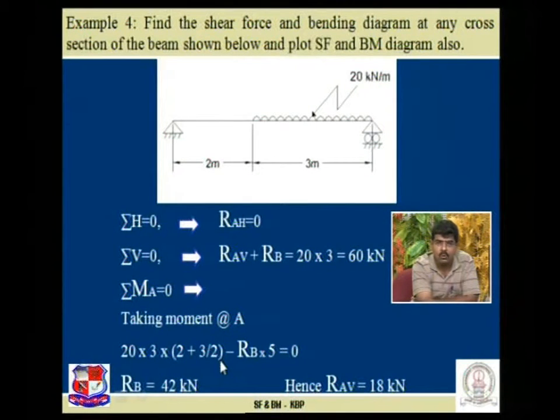as 42 kilonewton. Now next is plotting of the shear force diagram. Let us come over here.